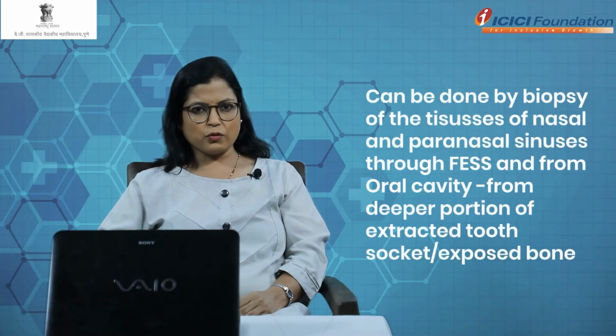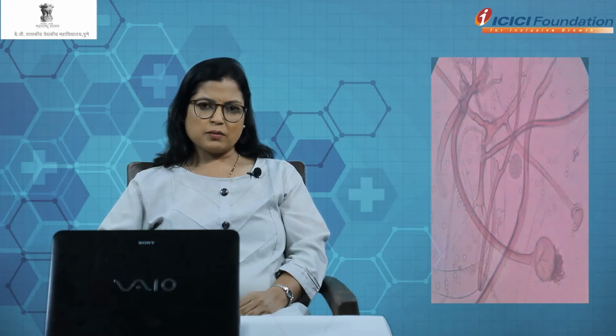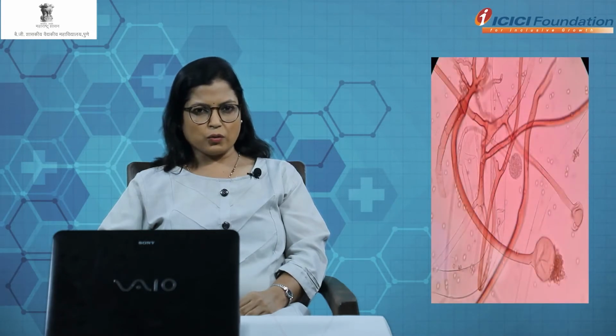This biopsy may be taken from the oral cavity, from the deeper portion of the extracted tooth socket, or we can take biopsy CT guided, or from the bronchoscopy. This tissue biopsy can then go for microscopic examination.